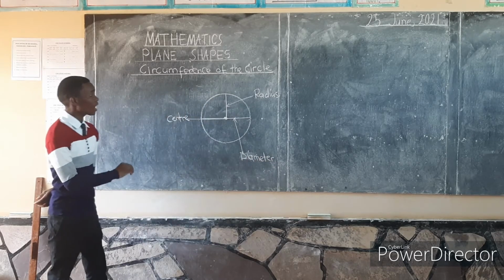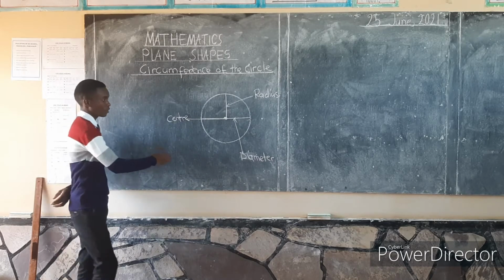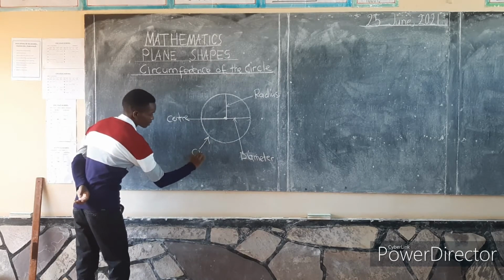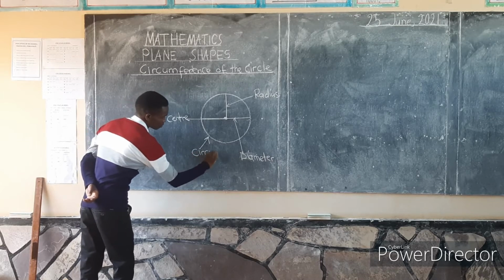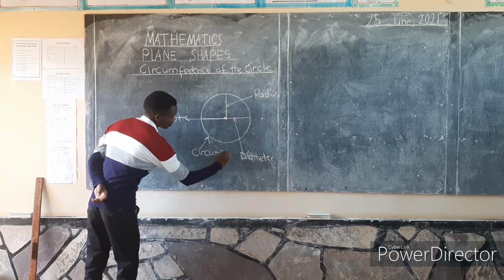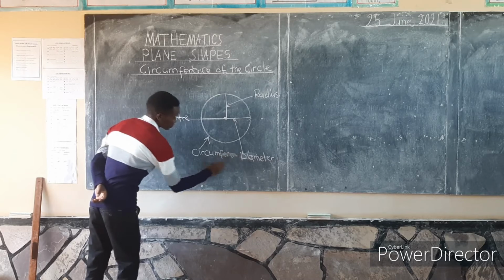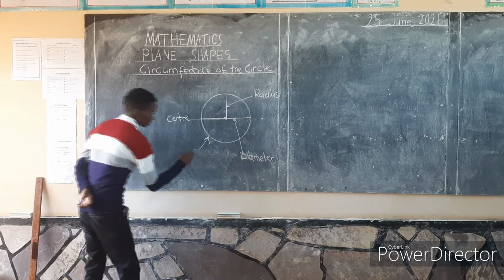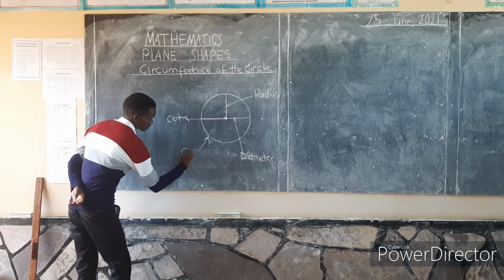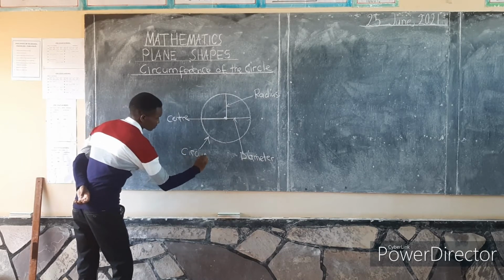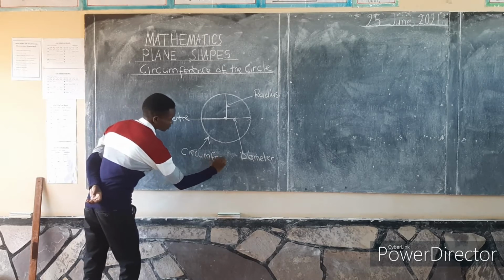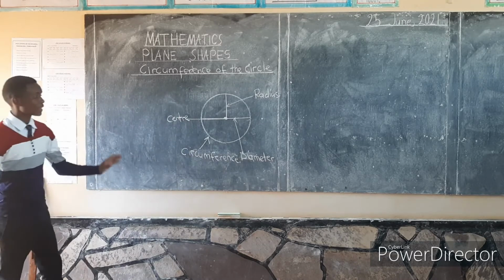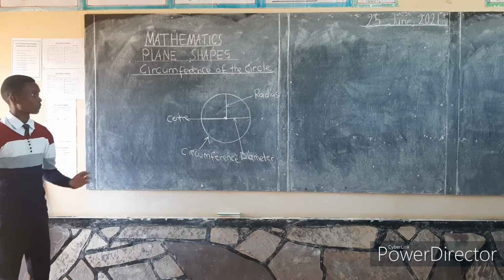And now, the outer part of the circle is what we are referring to as the circumference. So these are the elements of the circle, or the parts of the circle.